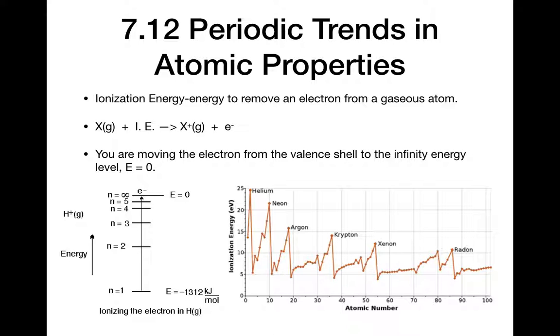So you have to put in 1312 kilojoules per mole to ionize hydrogen because the energy level n equals 1 is at negative 1312 kilojoules per mole and n infinity is at 0. Now when you compare the 1312 number to helium, helium's almost up there at 2500, so that's almost double the amount of ionization energy as hydrogen.